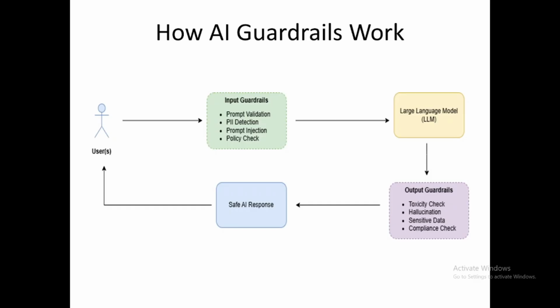Is there any sensitive data? Is there any compliance issue? So we check each and every process, and if everything goes well, then we send the safe AI response to the user. And that is how AI guardrails work.